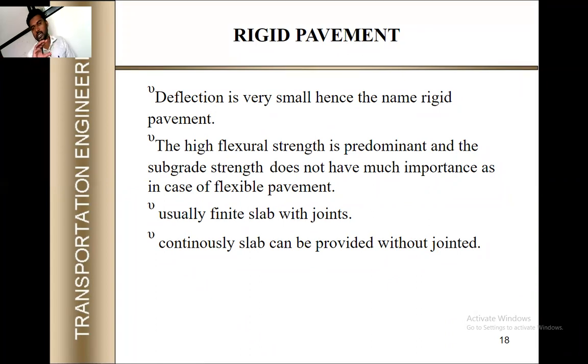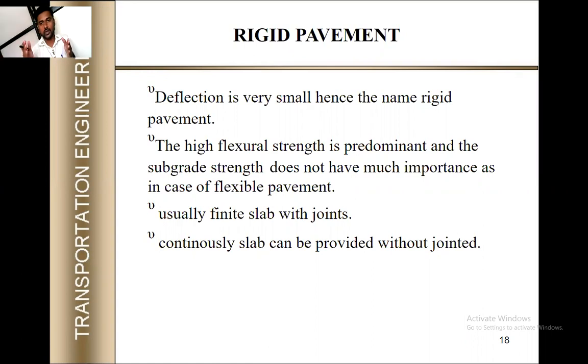Then the continuous slabs are provided in the form of concrete plain layers in the rigid pavement. If the length of this slab is increased, then we need to provide the joints. If we need to provide longitudinal joints, then the maximum limit of the length of one section is 140 meter.